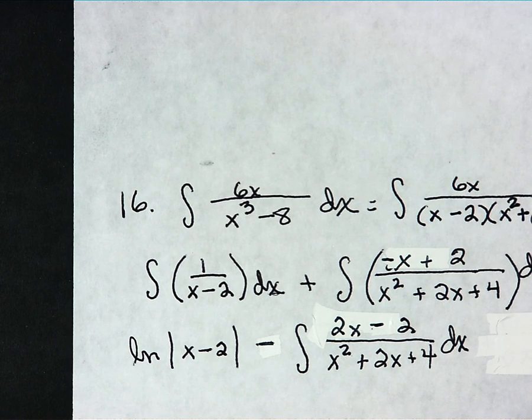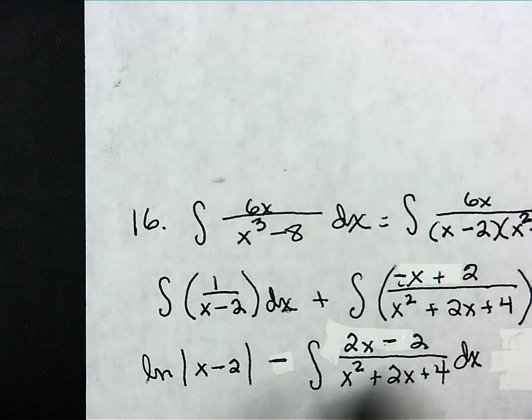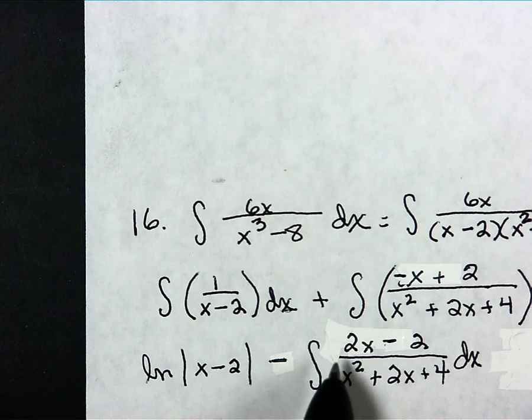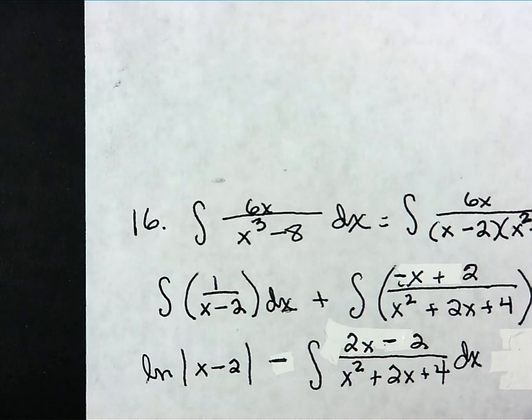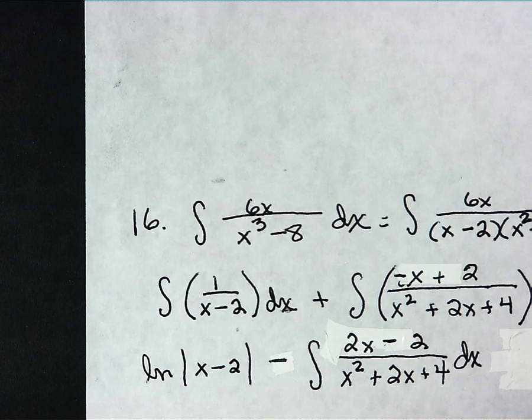What did I just do? I brought out a negative to make that x positive because I've got to get it to be positive 2x. That's so close to what I wanted, which was 2x plus 2.